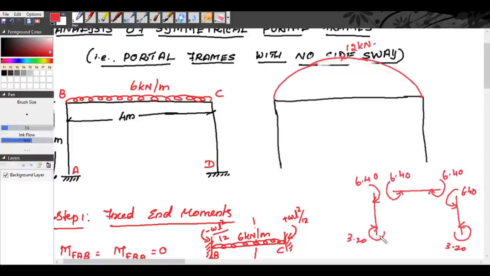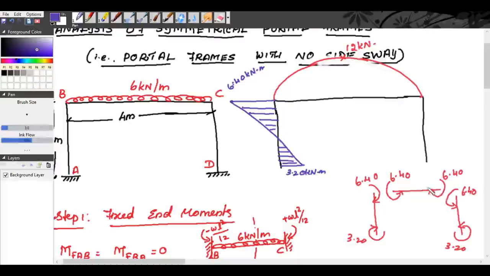Now, at A it is clockwise, so pointing towards the right, 3.20. Here at B it is clockwise pointing towards the left, 6.40 kilonewton meter. So this is our net bending moment here.